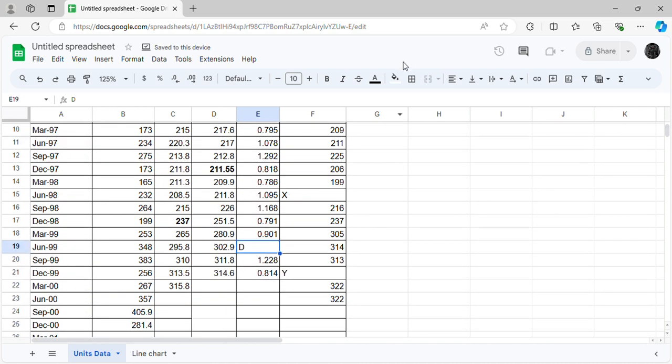So for D, that equals 348, the units damaged for that particular quarter, divided by the centered moving average for that particular quarter. And let's round that to 3 decimal places. Type round, bracket, 3, and that's 1.149.